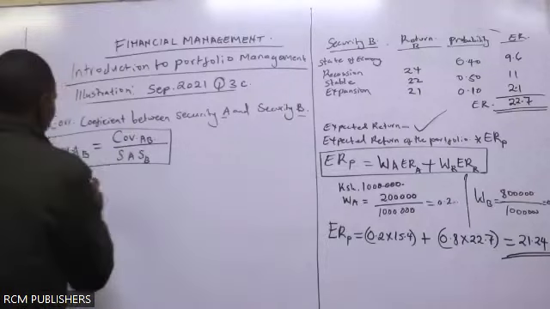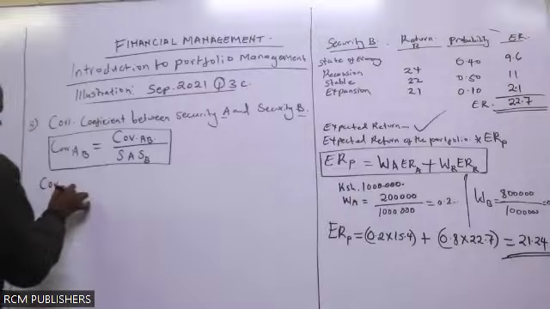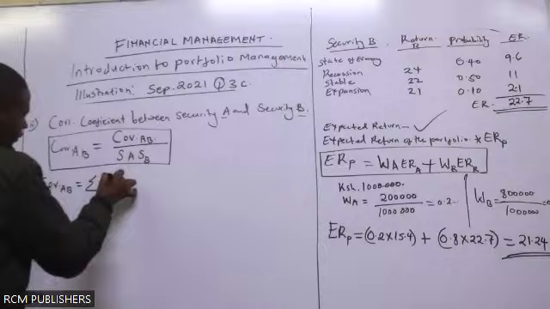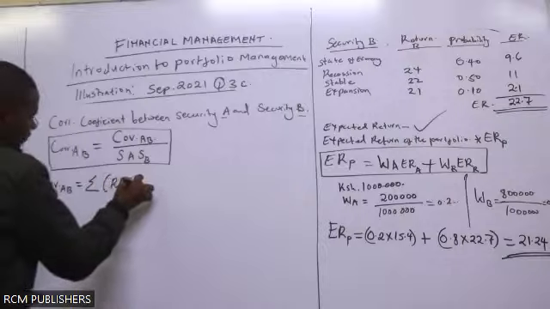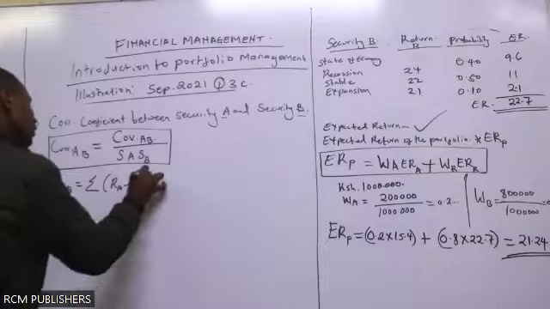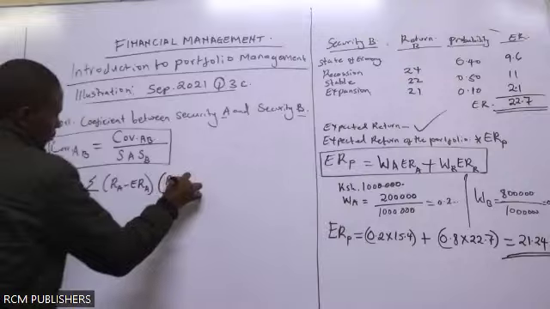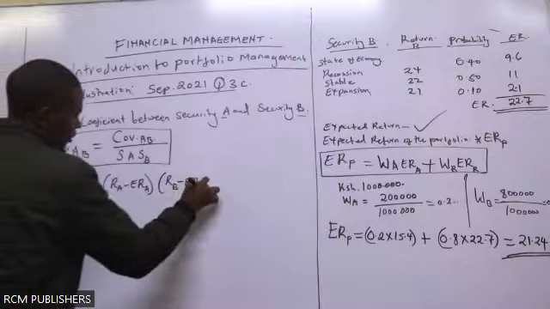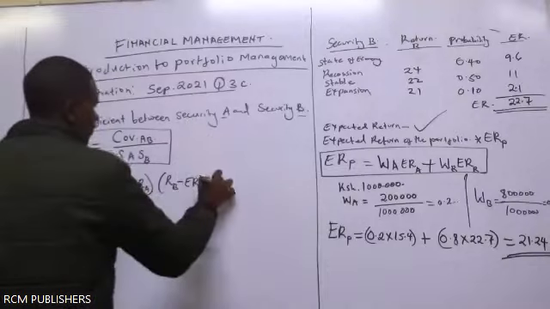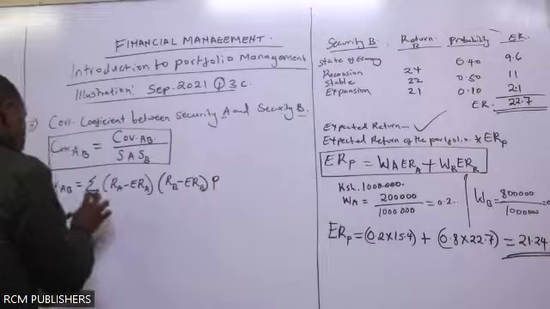So covariance of AB is equal to the summation of return of A minus expected return of A, then you multiply by return of B minus expected return of B. That's why we said that getting the expected return is very important. Then we multiply by the probability.